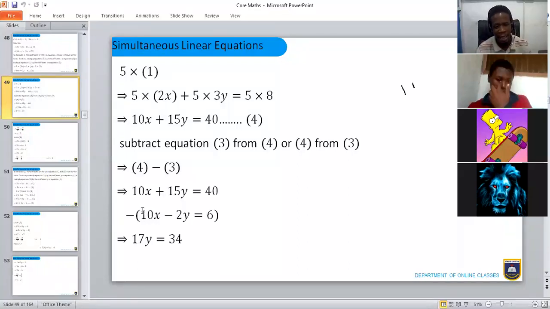So since the signs are the same and we are subtracting equation 3 from equation 4, we have 10x minus 10x will go to 0. Then 15y minus 2y, that becomes 15y plus 2y. So it will be 17y. Then 40 minus 6, that would be 34.